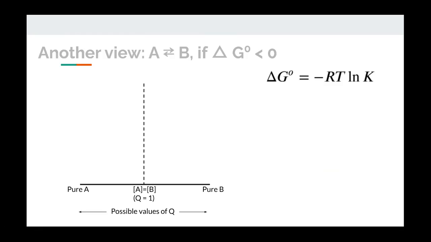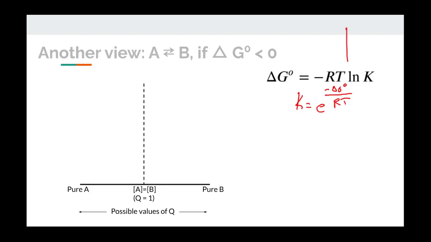Now, if delta G is less than 0, there's a relationship between K and delta G. And we can get that by solving for K. We've done it before. K is equal to e to the minus delta G naught over RT.